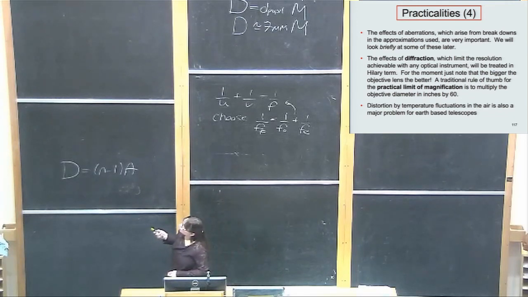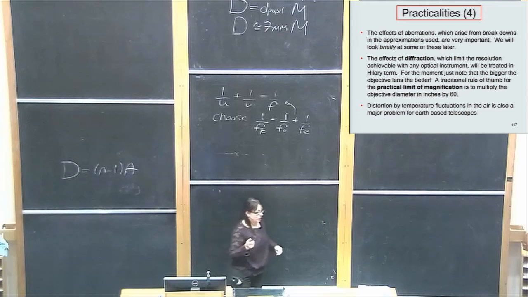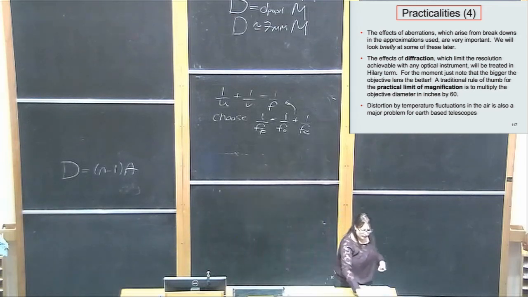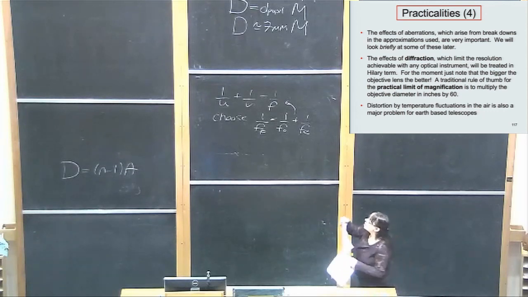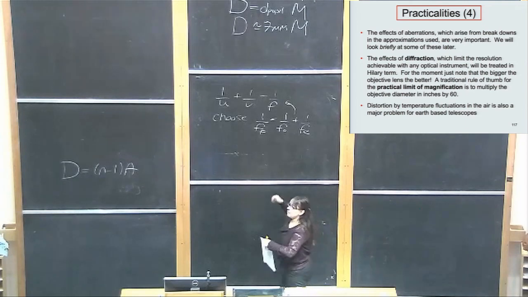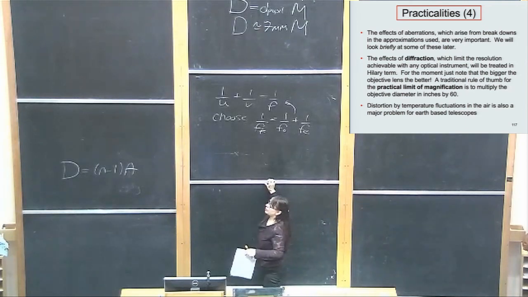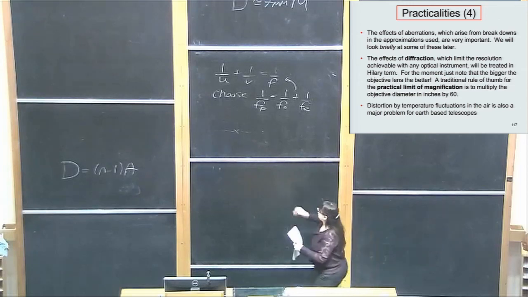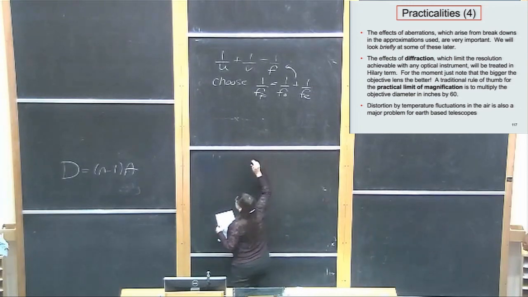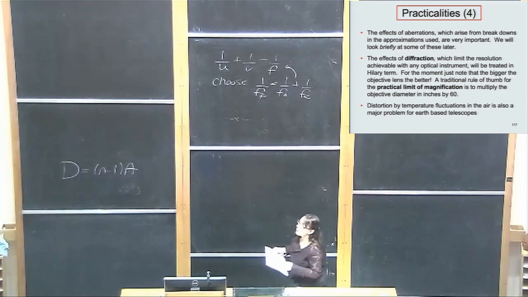Something else which I'm not going to discuss in detail here, but which you should be aware of, is something we'll talk about in a lot more detail in Hilary term, and it's the effects of diffraction. Diffraction is basically the bending or spreading out of light when it passes beyond an obstruction. Now, the effects of diffraction mean that you can never form a perfect point-like image.